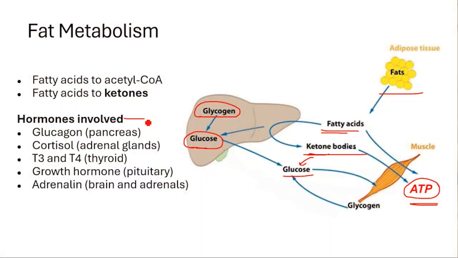Okay, so when we look at the hormones that are involved in fat metabolism, we have many different hormones that stimulate these fat cells to release fatty acids so that we can either use it directly for energy or we can make blood sugar. So my point with all of this is that if you went a period of time without eating, you have lots of ways of making sure that your body can increase your blood sugar.